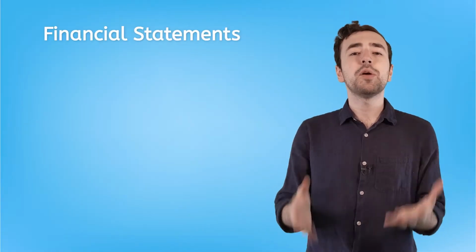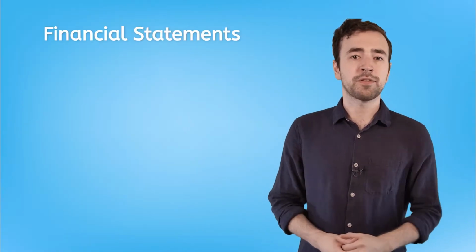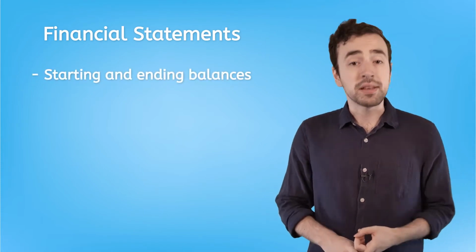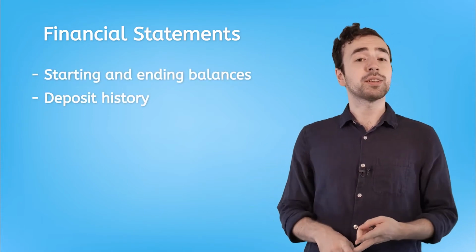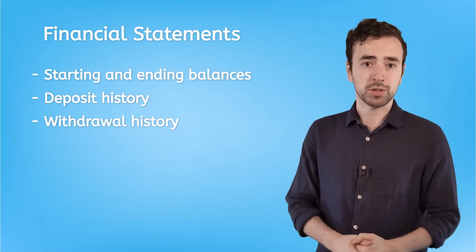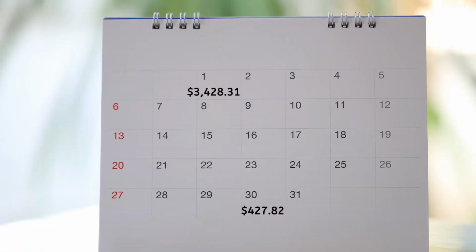Financial statements typically give you certain types of information: starting and ending balances, a deposit history, and a withdrawal history. The starting and ending balances provide a quick summary on how your account has changed since the beginning of the month. These are usually used as a quick check to make sure that you haven't overspent and that your account isn't getting too close to empty.